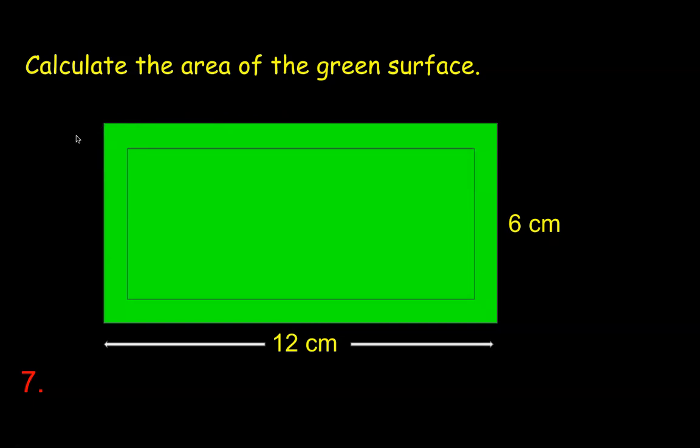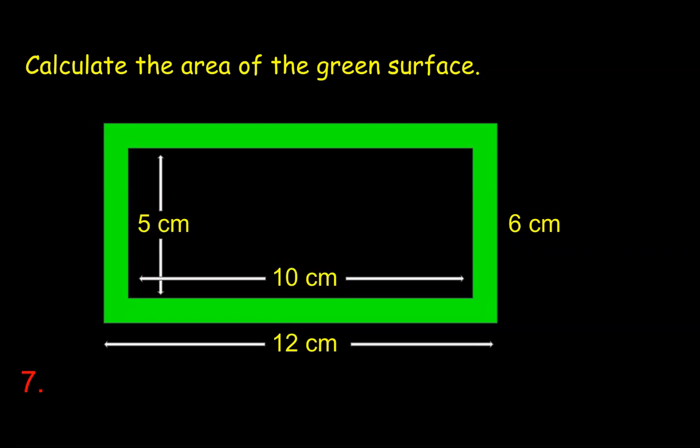it would be 72 square centimeters, 12 times 6. So the whole thing, the big one on the outside, if I didn't have the cutout, is 72 square centimeters. Now I'm going to have a look at that piece I'm going to cut out in the middle. It's 10 centimeters that way, and it's 5 centimeters that way.